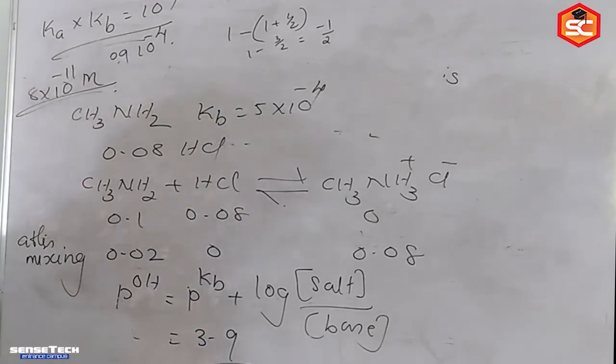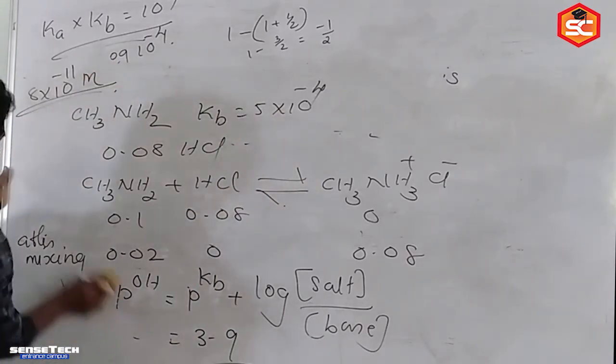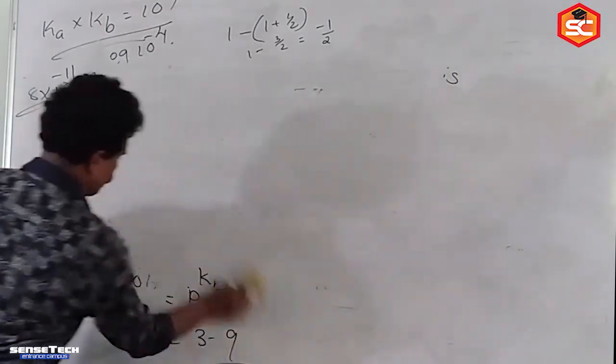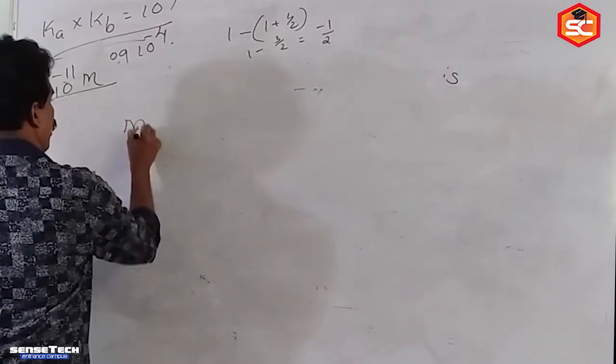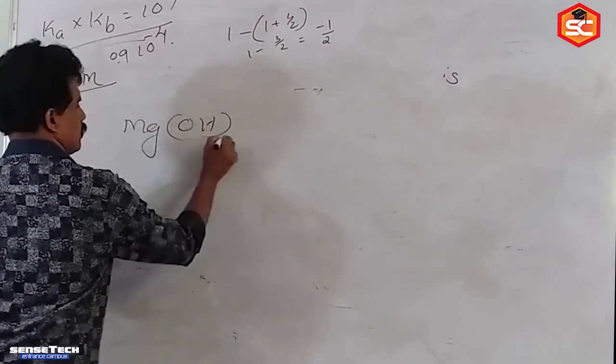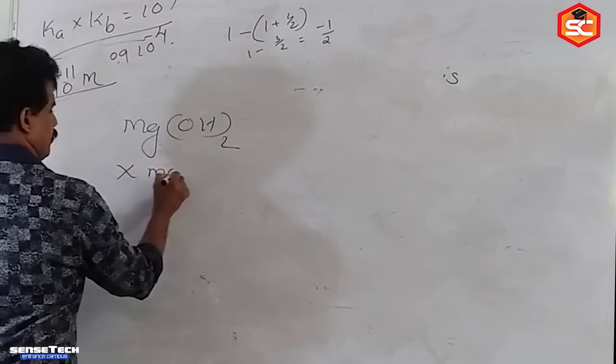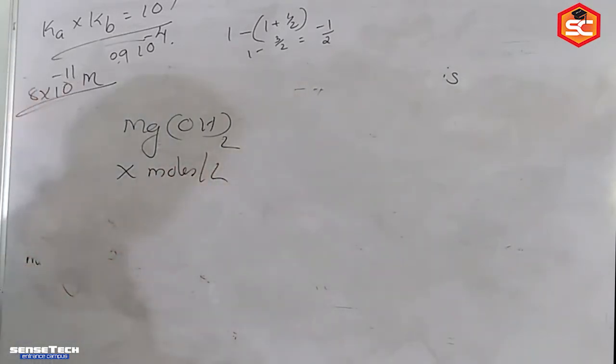The solubility of an aqueous solution of magnesium hydroxide. Magnesium hydroxide is Mg(OH)2. The solubility is x moles per liter. Then the Ksp of magnesium hydroxide is, what is the Ksp value of magnesium hydroxide?